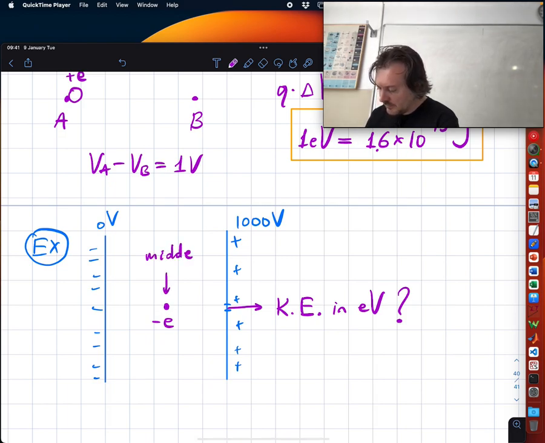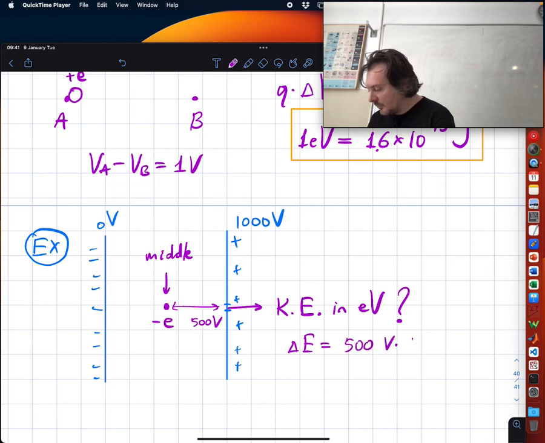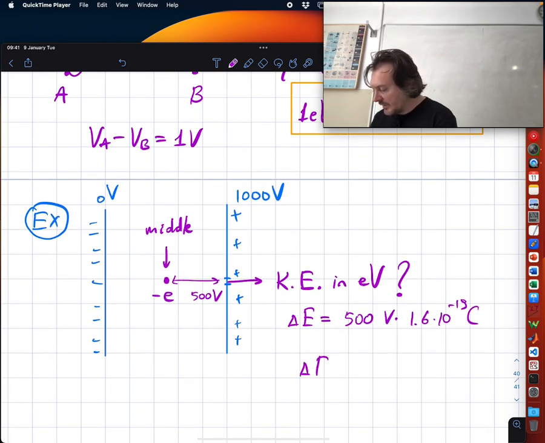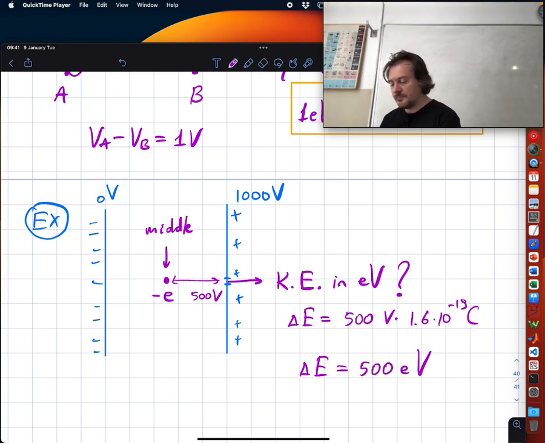It's at the middle of this, and so the difference here is 500 volts, and the energy difference will be just 500 volts times 1.6 times 10 to the minus 19 coulombs. So the energy that it gains is 500 electron volts. Right? That will be the kinetic energy of this system.